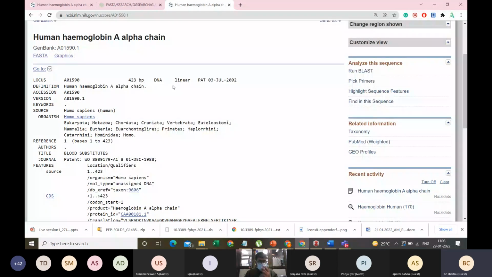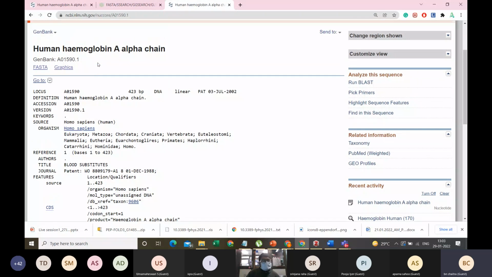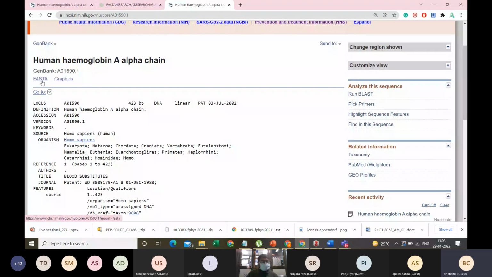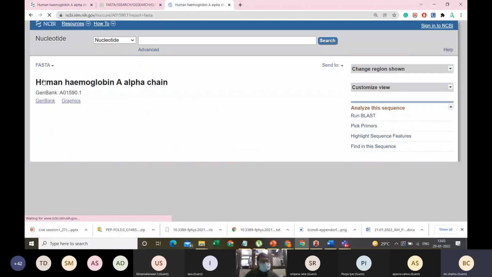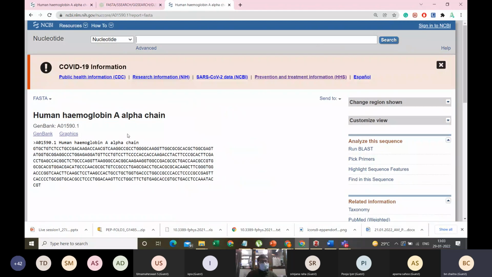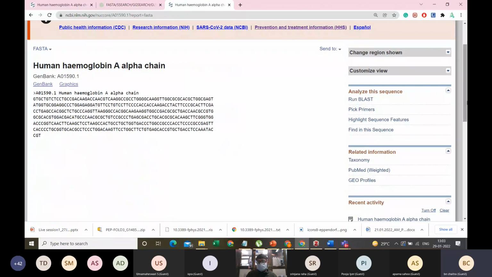Now another file format is the FASTA format. If you look here, it is written as FASTA. If we click that, we will get the FASTA format. This format is used very much for various sequence alignment and various tools. For FASTA format, remember that it always starts with a greater than sign, then has the accession number and a short description.